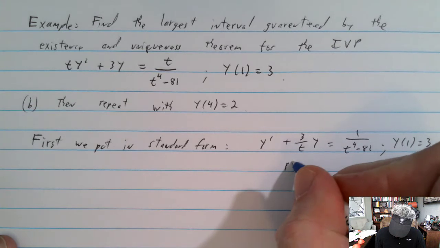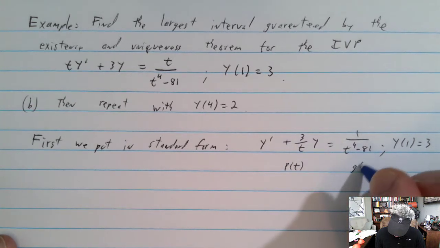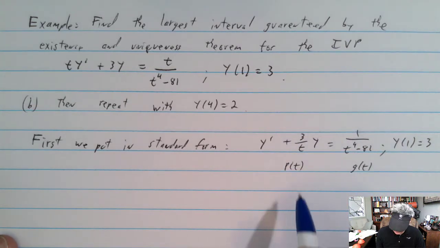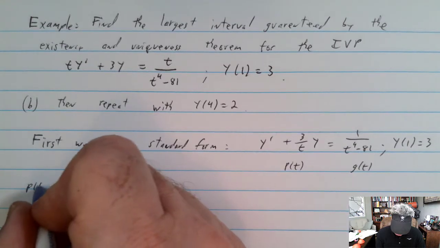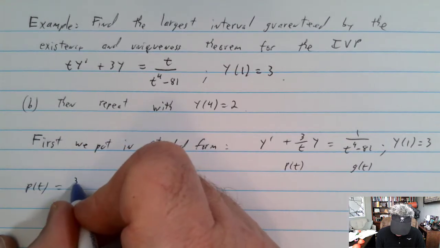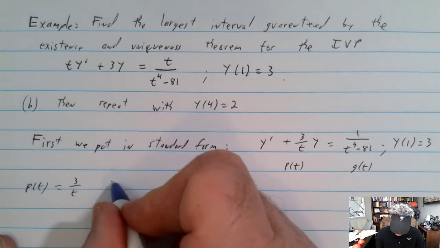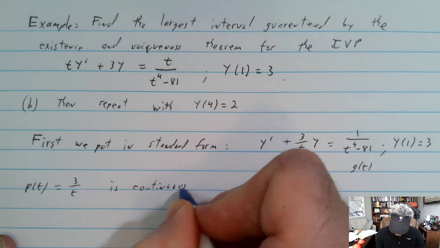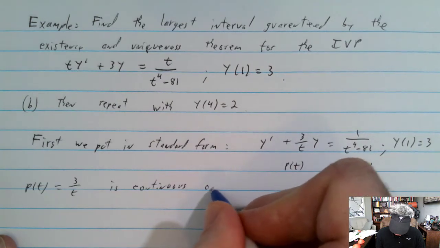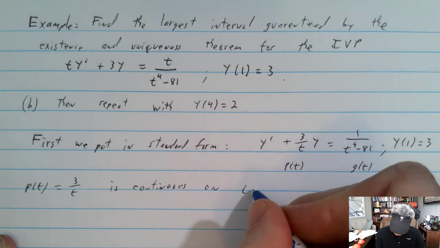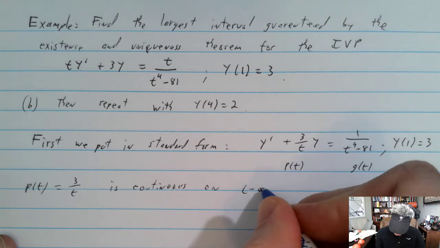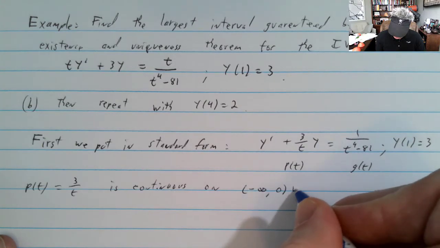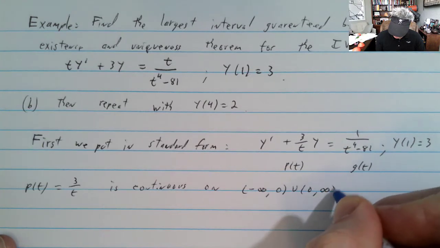We call this p of t, call this g of t, and we need intervals where both are continuous. So if I look at p of t first, 3 over t, this is continuous everywhere but, well, 0 is a trouble point. So negative infinity to 0, union 0 to infinity.